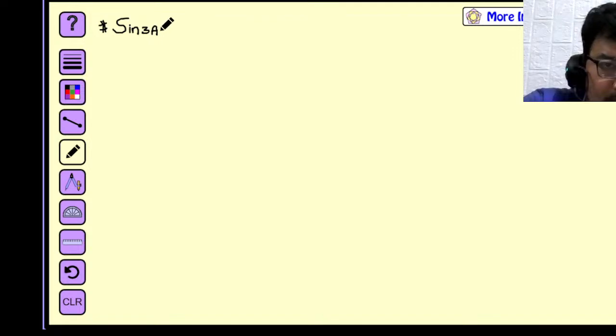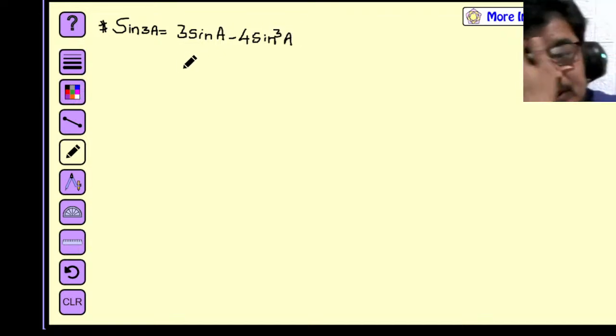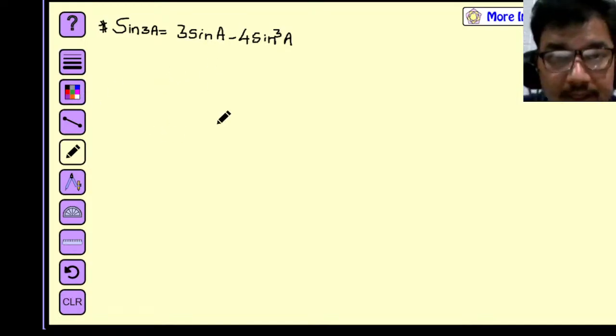How sine 3 comes equals to 3 sine A minus 4 sine cube A. How this formula comes, I want to show you here in this example.